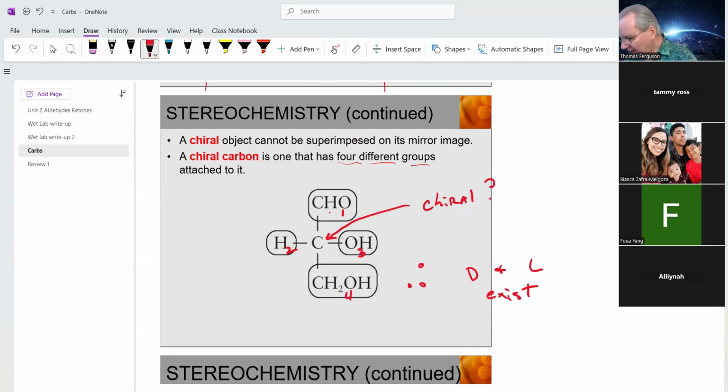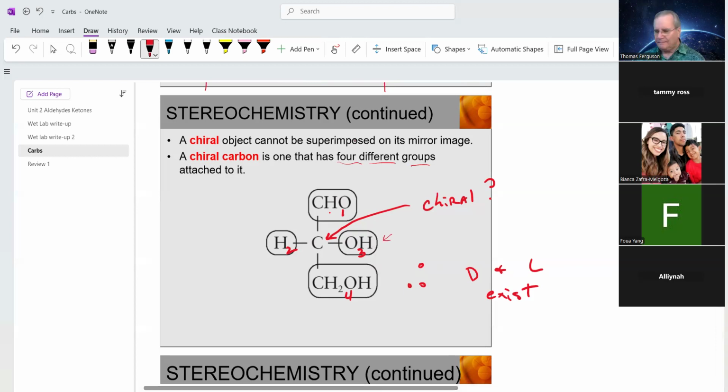So in this case here, we've got an aldehyde, a hydrogen, a hydroxyl group, and a carbon chain. 4 different groups, so this exists as a D form and an L form, depending on what direction that goes, to the left or to the right.